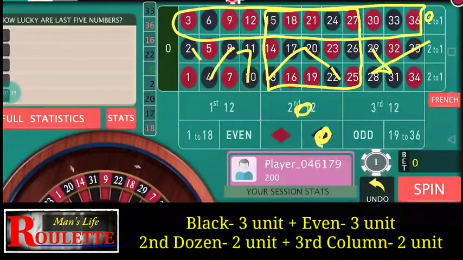And one more thing is that we have to put another bet at even number. It will cover a few of the red numbers also. These are 2 red numbers, and also remaining red numbers, and all these black numbers.